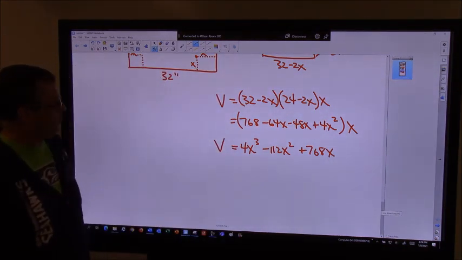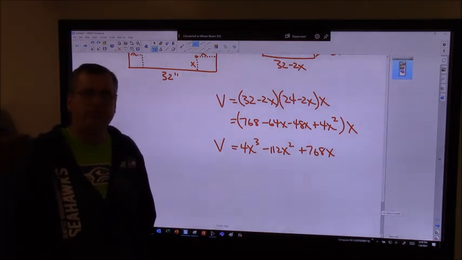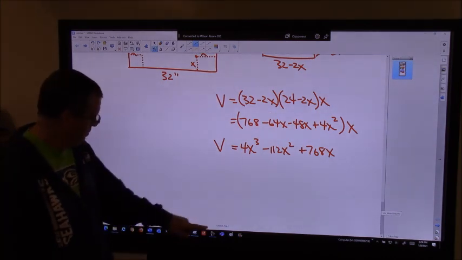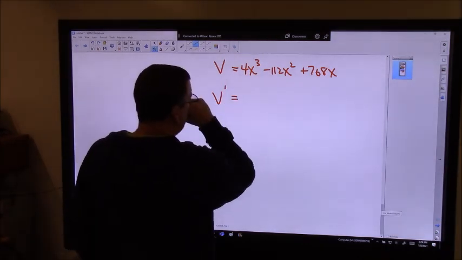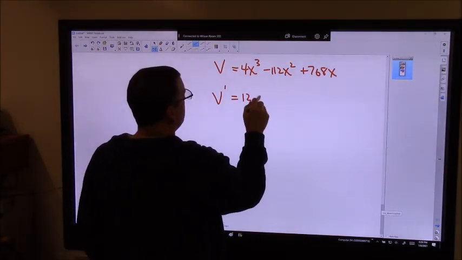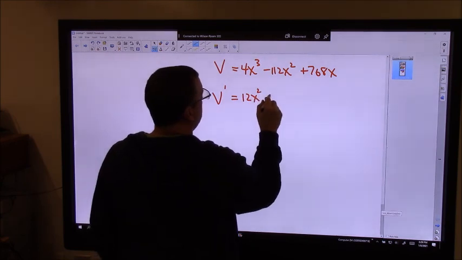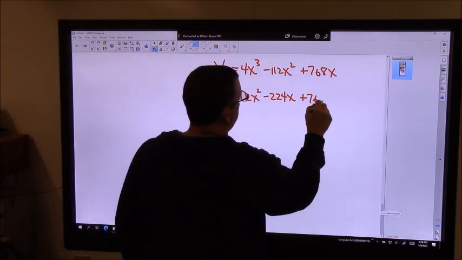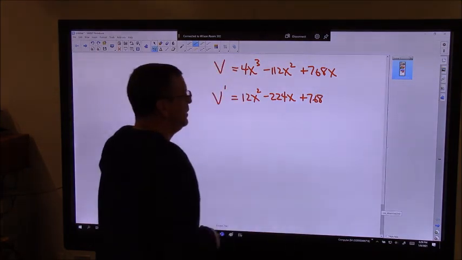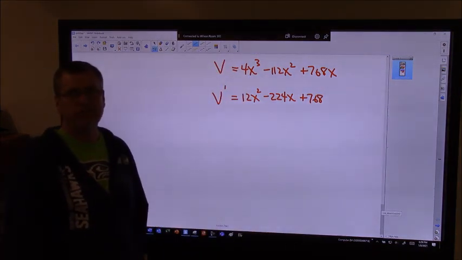So now I need to take the derivative, set it equal to 0, and solve. So v prime is going to be 12x squared minus 224x plus 768. And I want to set that equal to 0 and solve.